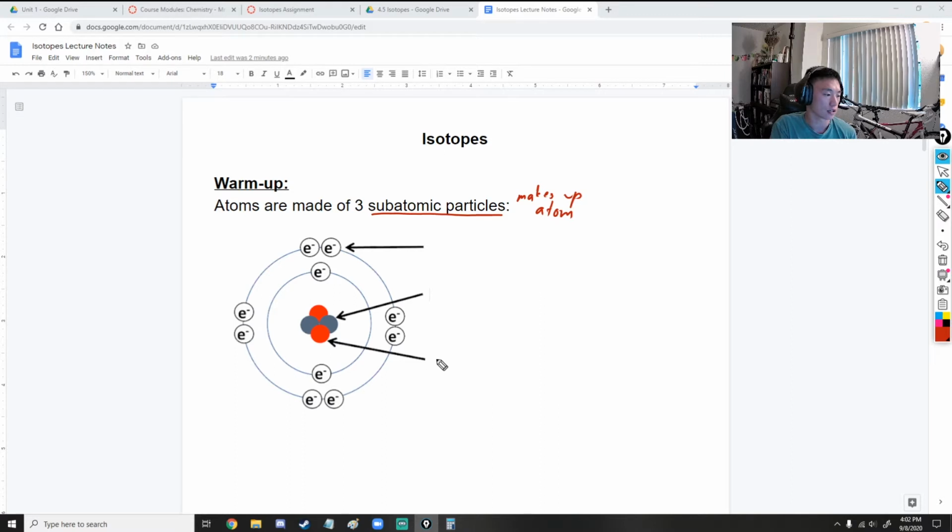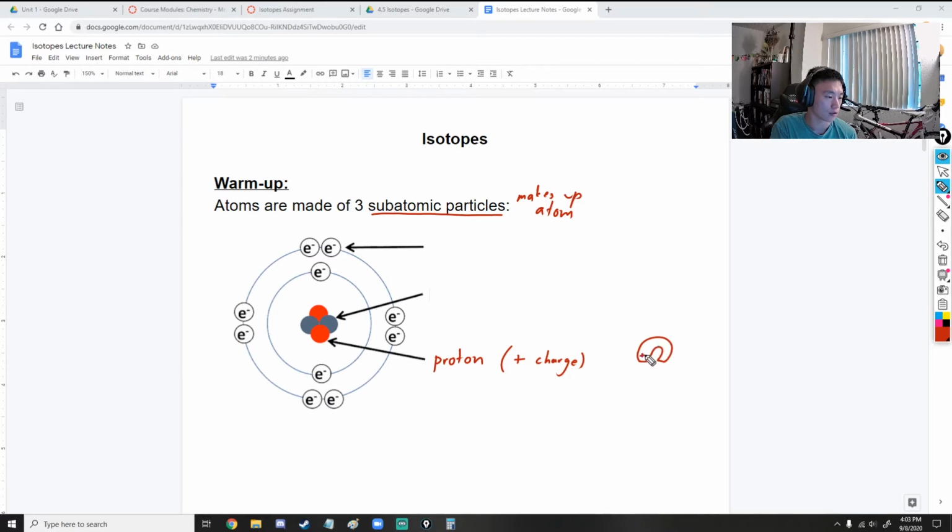Okay, the first thing, I'll start from the bottom. The first subatomic particle is called a proton. Okay, and a proton has a positive or a plus charge. Okay, just like how when we have a battery or a magnet, you guys know how they have a positive and a negative charge, right?